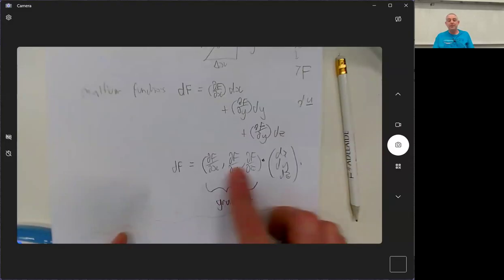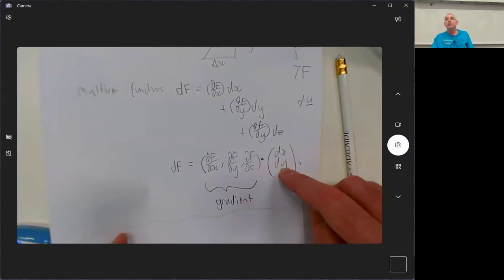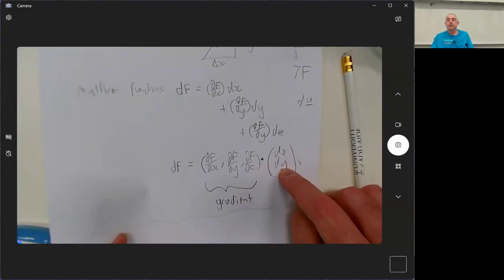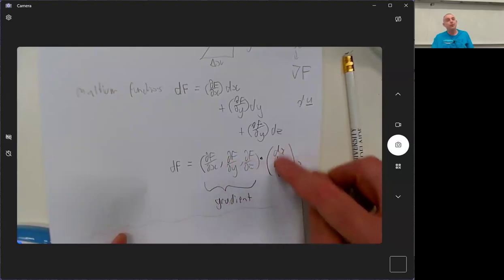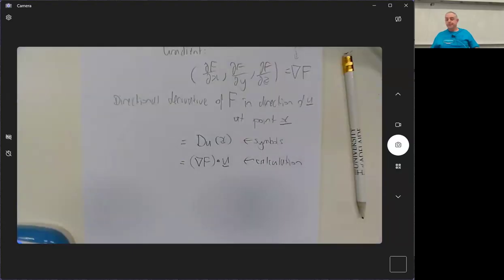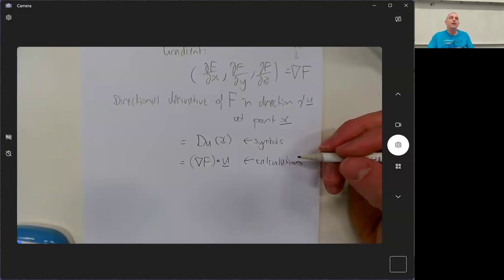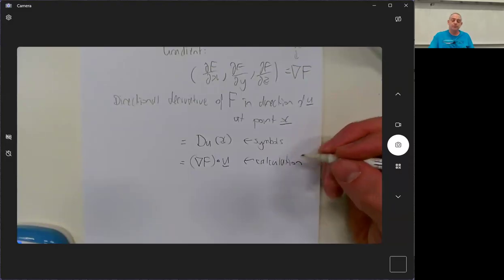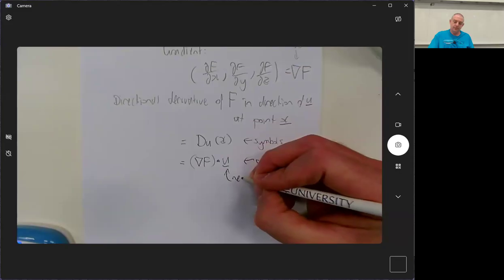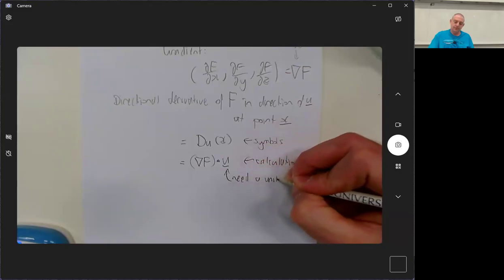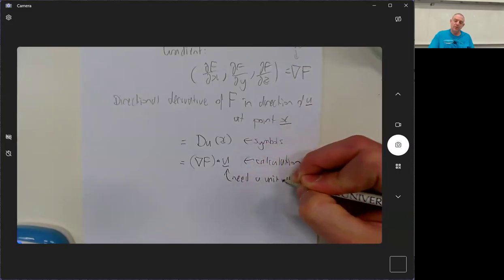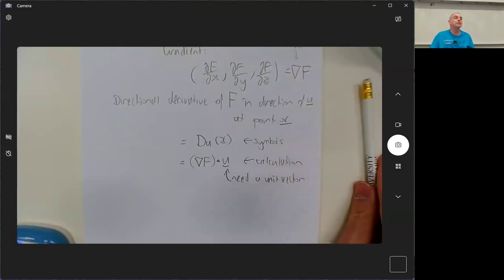And what's going on is this thing here. The u is at that spot. That's the gradient, and that's the u. But it'll only work if the u is a unit vector. That's why it's called u for unit vector.